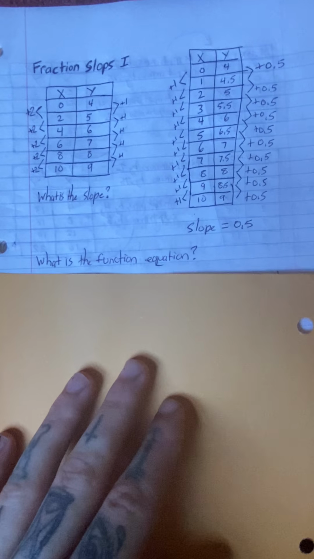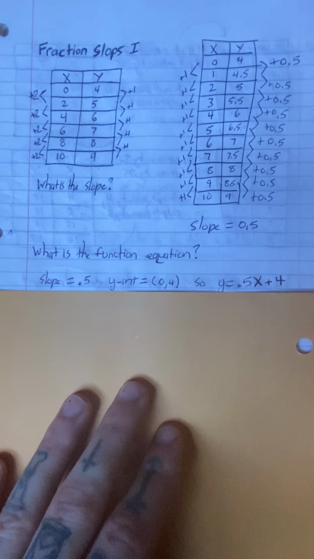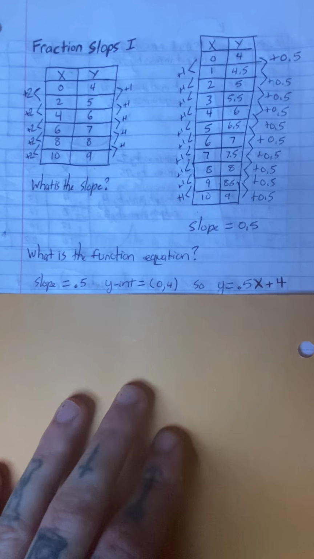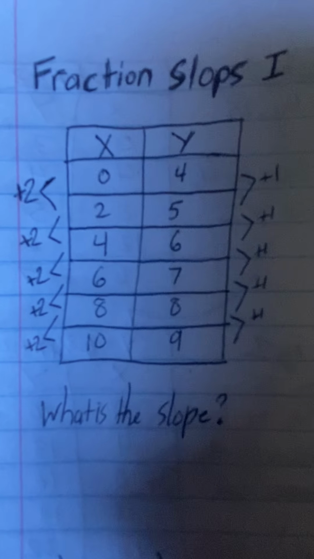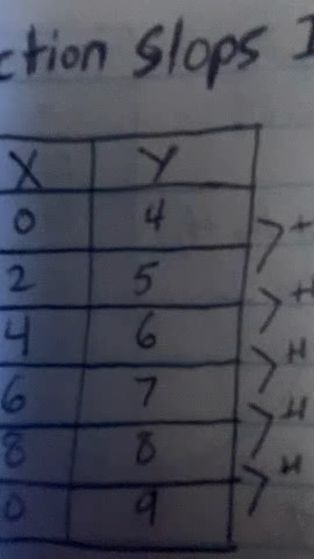Well, first of all, let's figure out the equation. We know the slope is 0.5. We know the y-intercept is (0, 4), because the y-intercept is always where x is 0. So if x is 0 and y is 4, the y-intercept is 4. So the equation is y equals 0.5x plus 4.